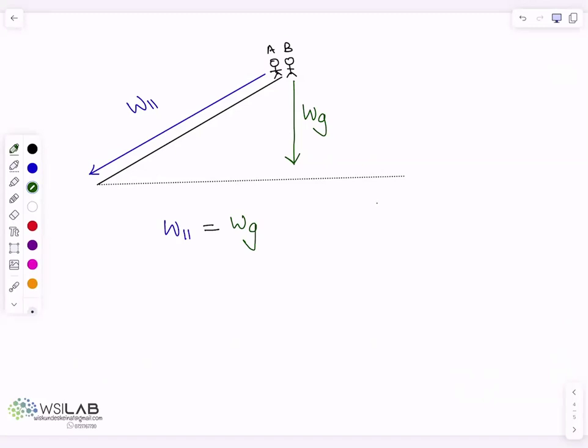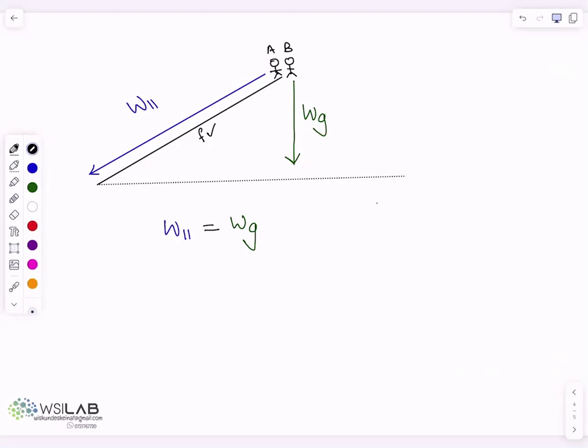I know if there's friction, the velocity of A is going to differ from the velocity of B. Think about that. The velocity is going to differ. Why? Because some of the energy is going to be absorbed by friction. So if you jump down your roof, you're going to hit the ground at a higher velocity than sliding down.